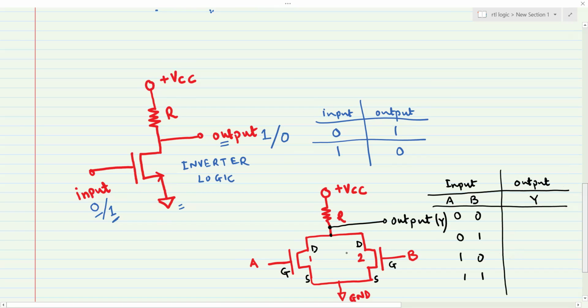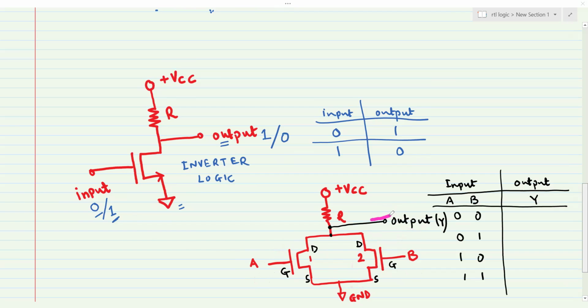So the first combination we see now, let us say both inputs are 0. A is equal to 0, B is equal to 0. The two transistors are switched off. There is no path for the output to connect to the ground.